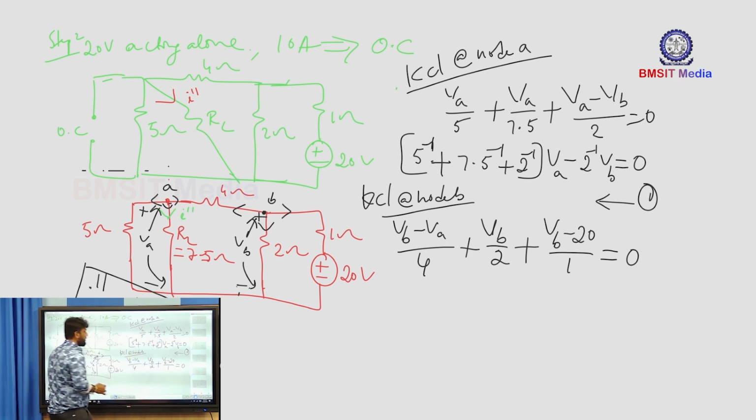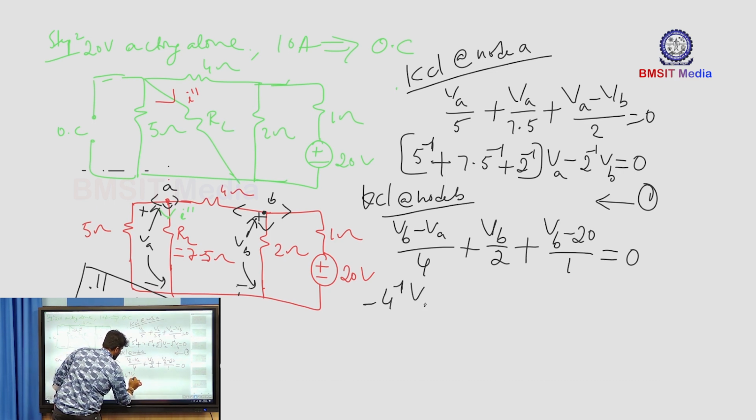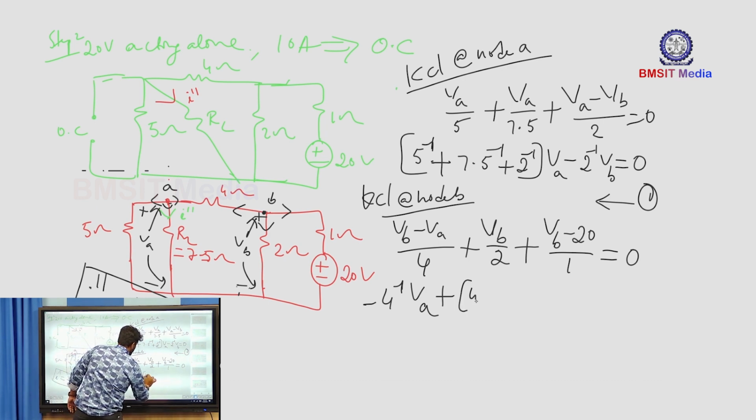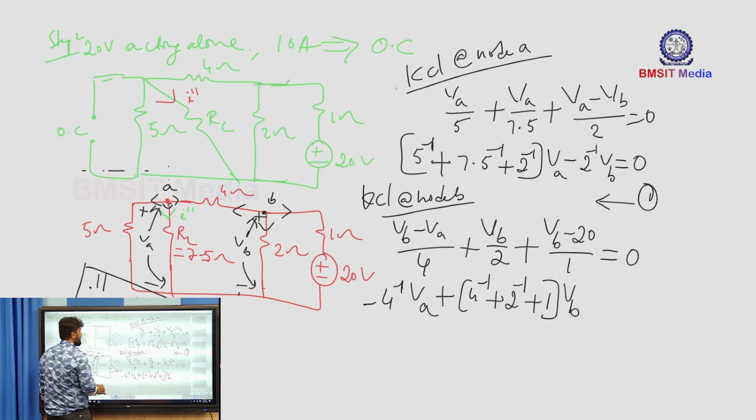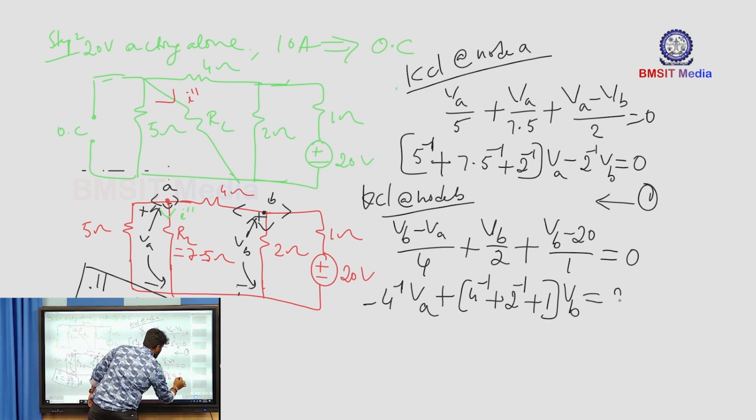Now write this equation in the standard format. We have only one VA term, minus 4 inverse into VA. The VB terms are (4 inverse plus 2 inverse plus 1) into VB, and the constant term is minus 20. If I take it to the other side, it becomes plus 20.